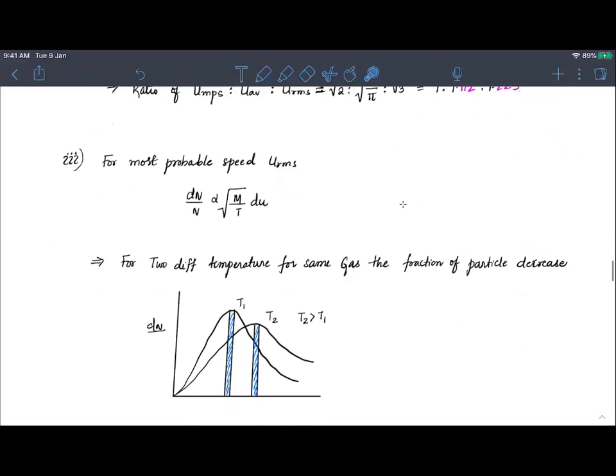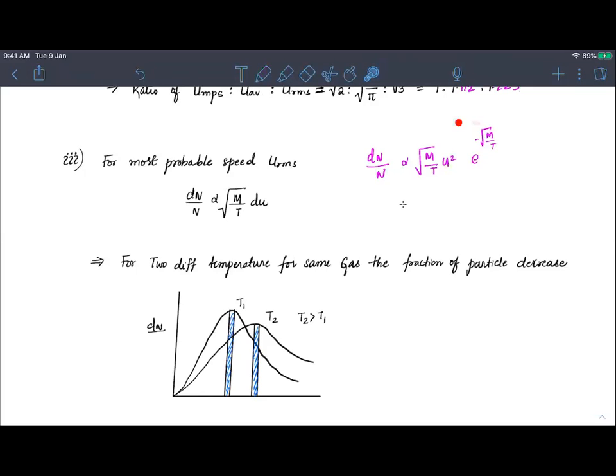Now coming to the most probable or any speeds, if you observe one thing, when I write dn by n, it is proportional to root of m by t in the u square function, as well as in the exponential of m by t. So you will always get this as m by t for sure.